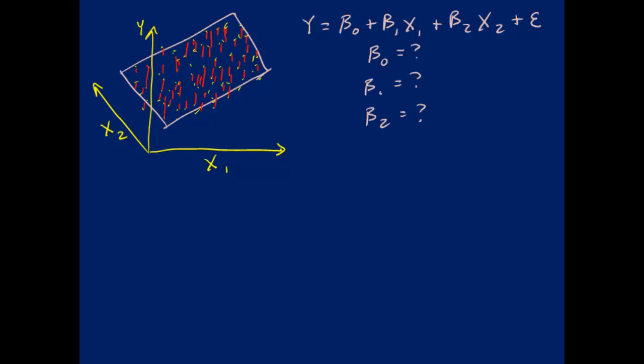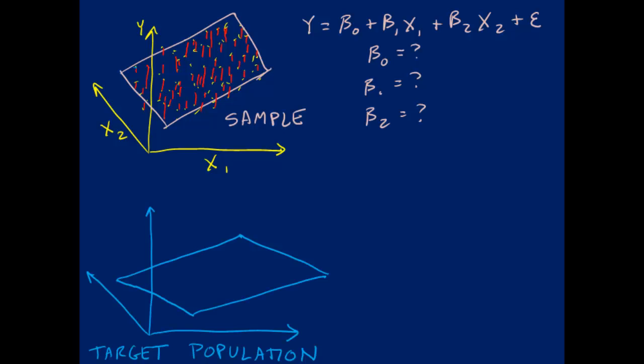But when we see these kinds of beta values, we need to think about their precision and to what degree they are biased. And to do that, we have to think about the underlying population, our target population. So you always have to have a population in mind.